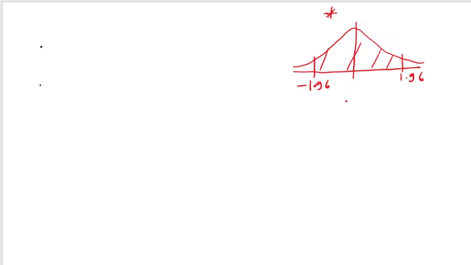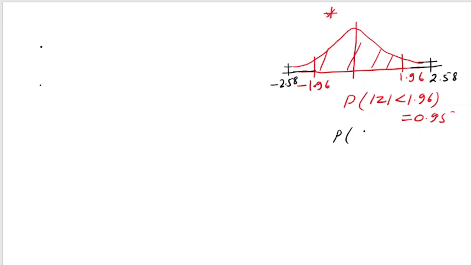This information can be written as the probability that mod of z is less than 1.96 is equal to 0.95, if z is a standard normal variate. And there is another similar result, we will be using this in the next chapter, testing of hypothesis, that if I take the points minus 2.58 to 2.58, then the probability that mod of z is less than 2.58 is 99%, like 0.99.